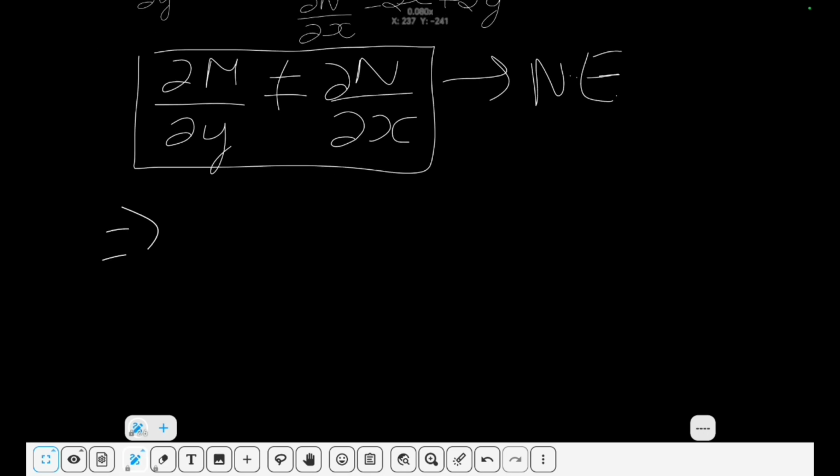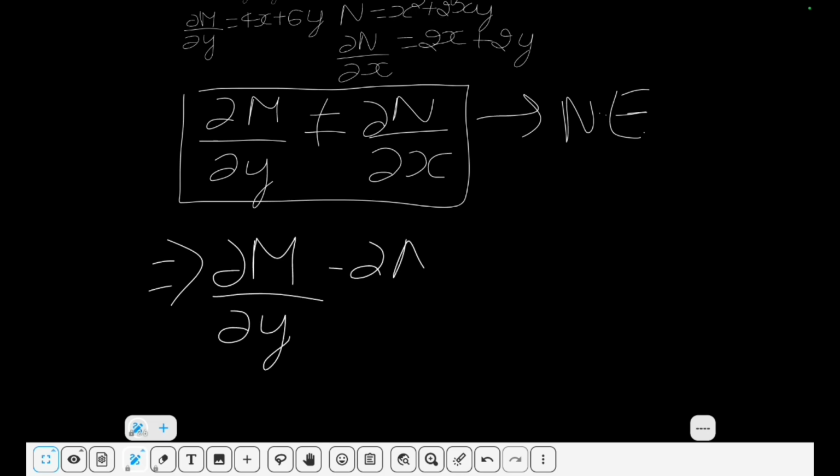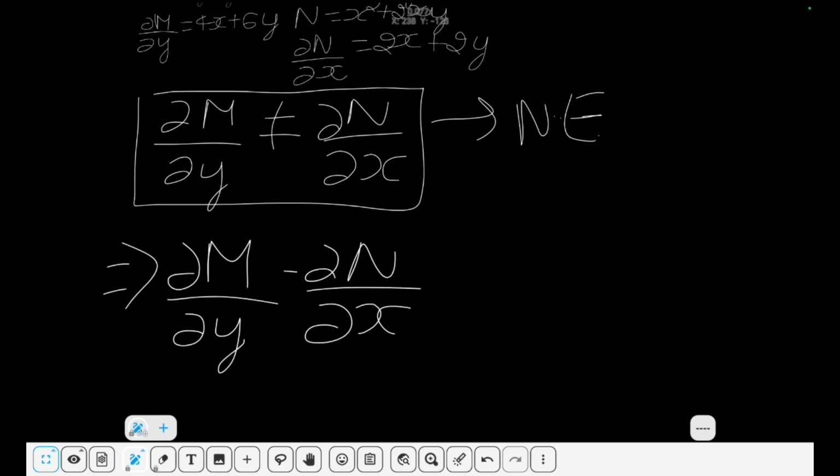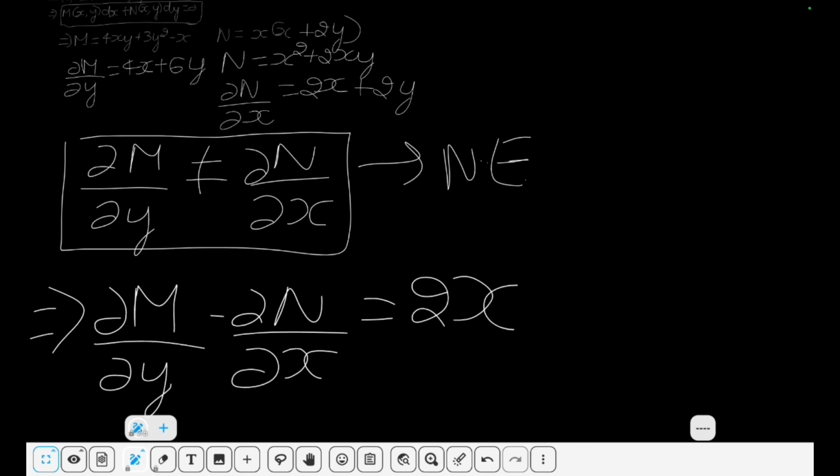So in order to get the integrating factor, let us subtract ∂M/∂y − ∂N/∂x. That gives us 2x + 4y.